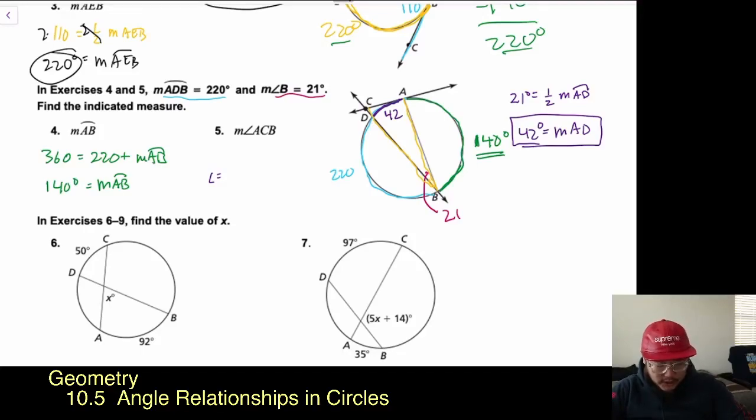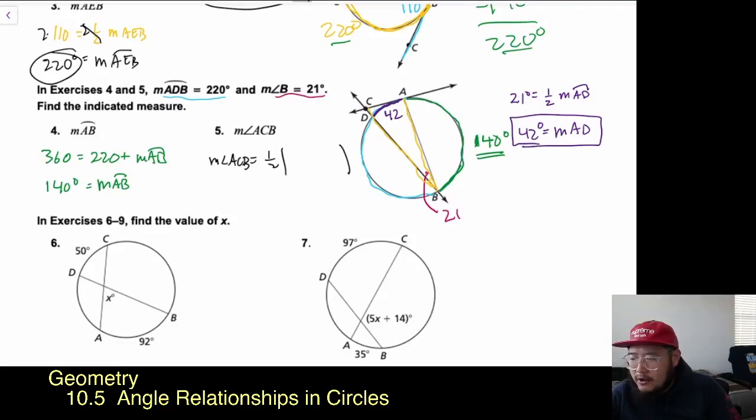Now that leads us to another theorem that we had learned in this chapter, or this section so far. Remember, angle ACB is on the outside of the circle. So we have the outside circle theorem. Putting all of that together, I'm going to rewrite this and say that the measure of angle ACB is equal to 1/2, and then remember, we talked about the outer arc minus the inner arc.